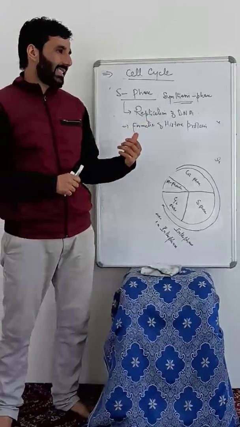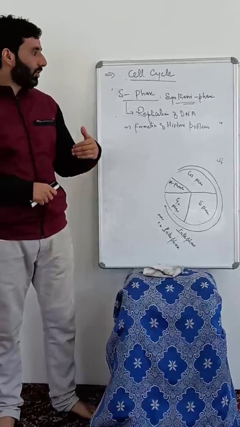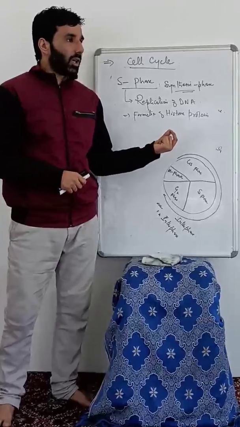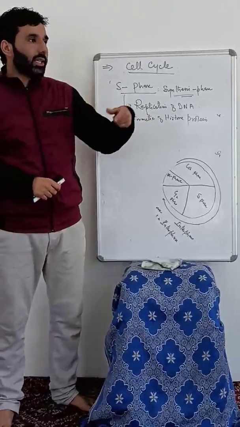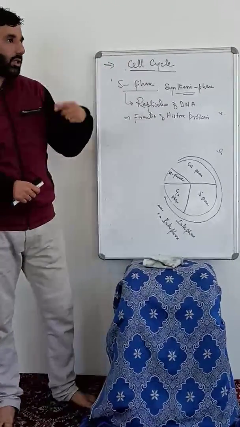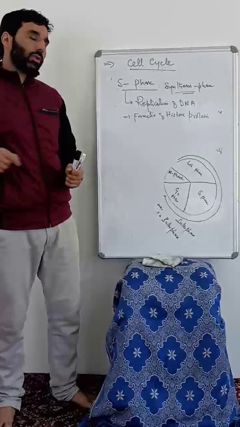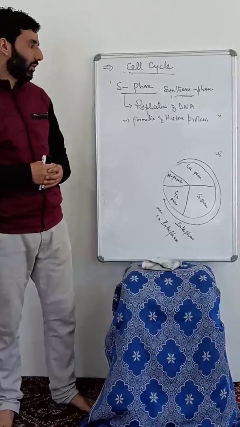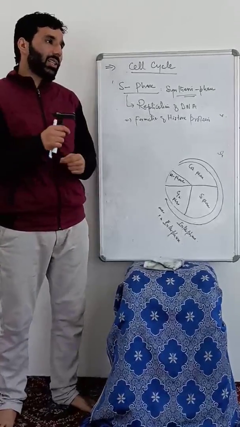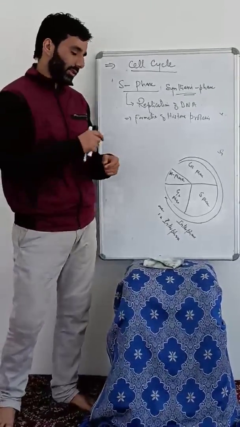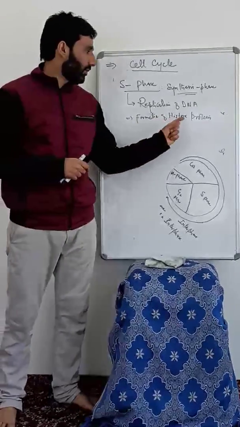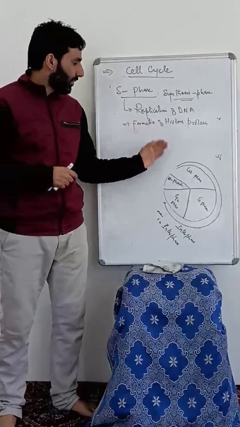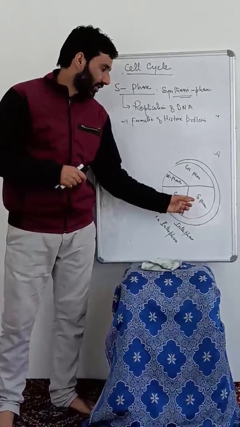But here we will say simply these are the proteins around which the long DNA wraps. The long thread of chromosome, the DNA, which is a very long molecule, is wrapped around those proteins, like balls, which are called histone proteins. These are found in the eukaryotes. So formation of the histone proteins also takes place in the S phase to some extent.